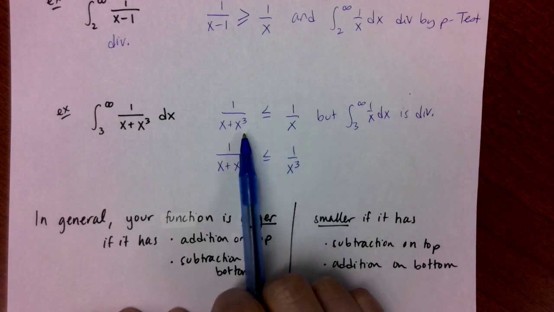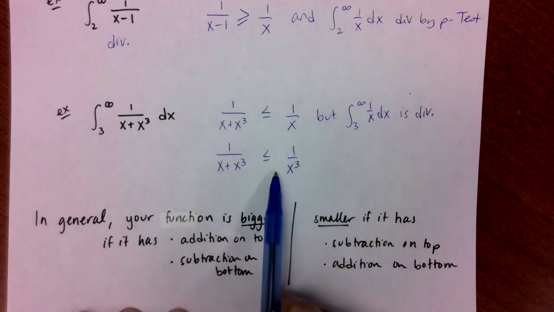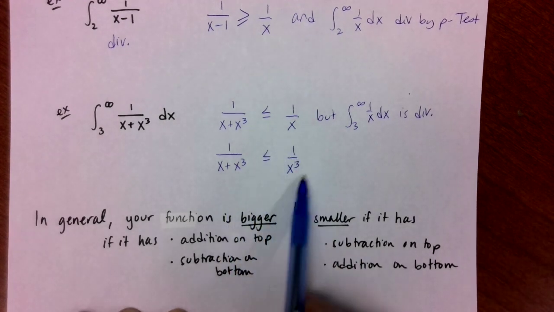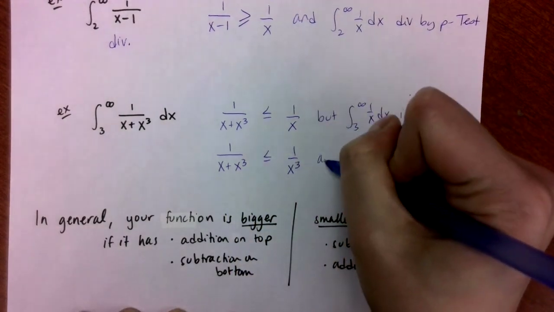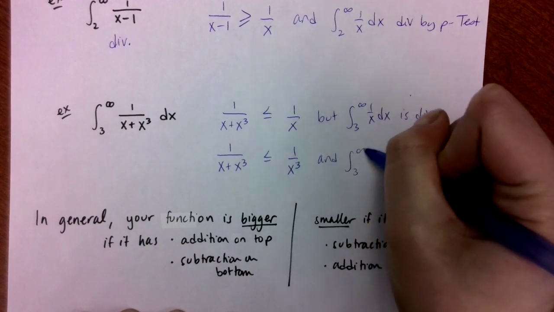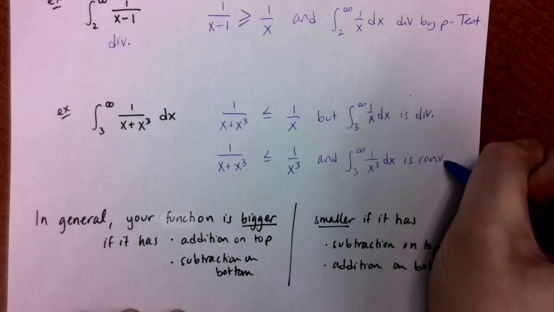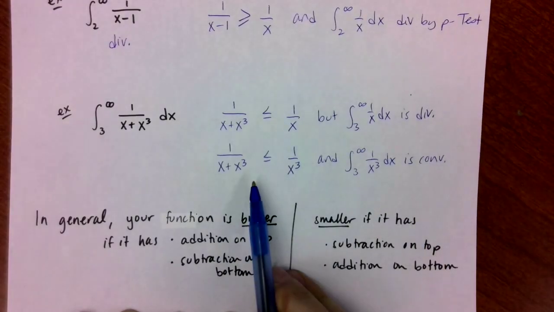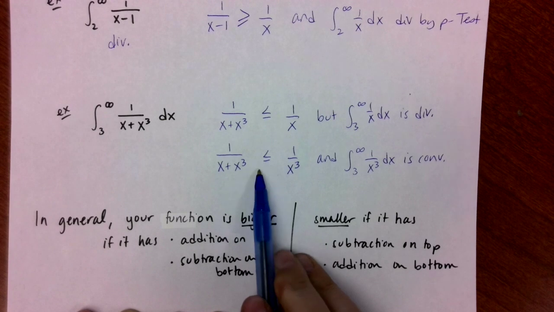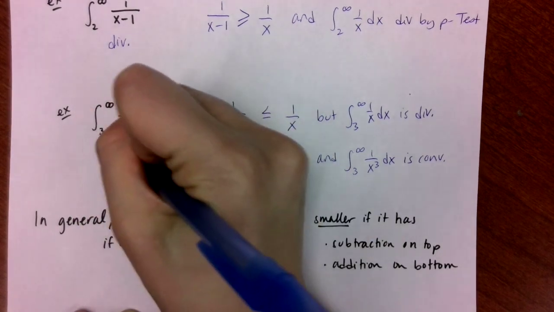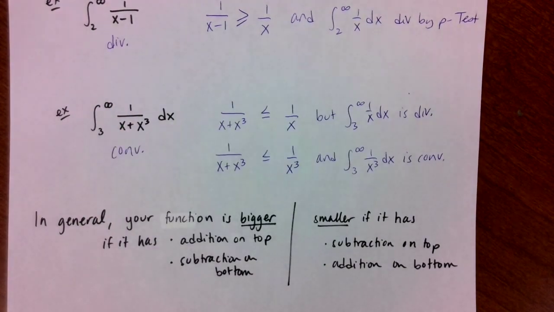Saying that you're somewhere underneath infinity isn't really enough. But the second is also true, and this integral is convergent: same bounds as the original, 1 over x cubed. This is convergent by the p-test. So now we're saying something useful. We're saying we're less than or equal to something convergent, so this must be convergent.